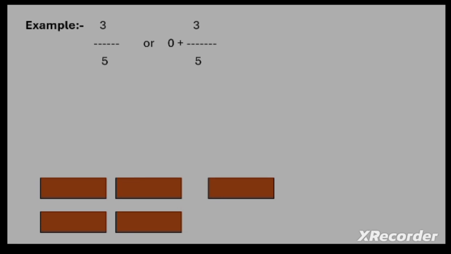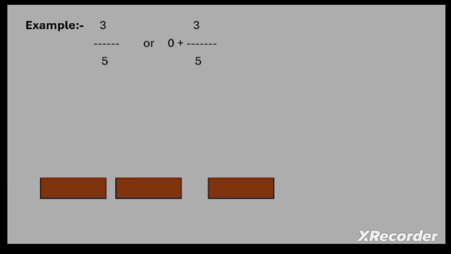Okay, and suppose I give 3 parts of this chocolate to a particular student, 3 parts from these 5 parts. So 2 parts have been removed, now we have 3 parts.